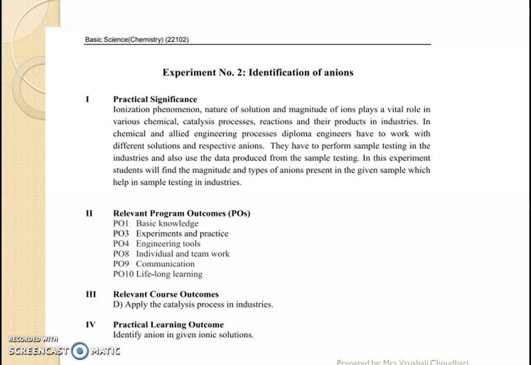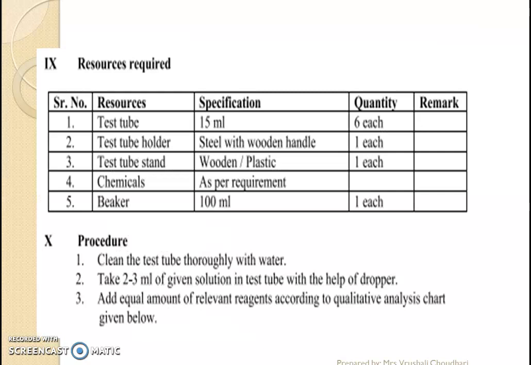Course outcome is to determine the catalysis process used in an industry. Practical learning outcome is to identify anions in a given solution. Resources required: test tube holder, test tube stand, chemicals and beaker.